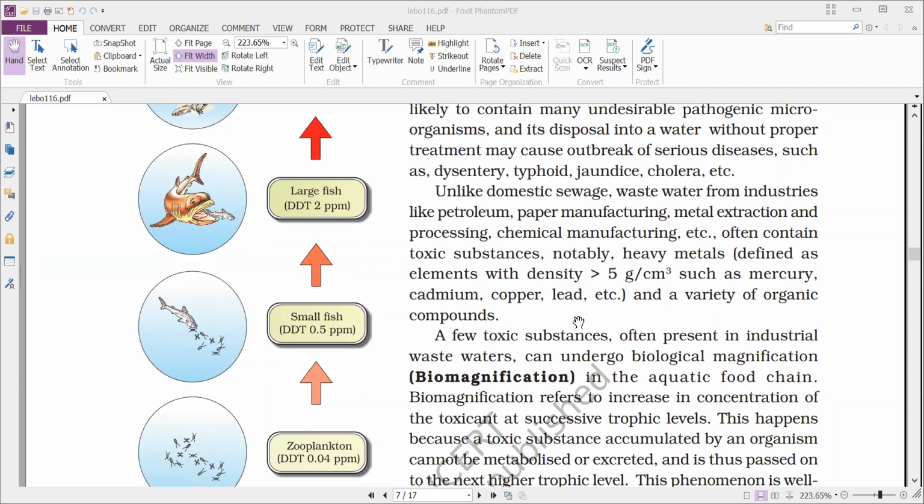For example, in the soil, around 0.0001 milligrams of mercury is present, which is absorbed by the plants. So 0.0001 milligrams of mercury will be absorbed by each plant.